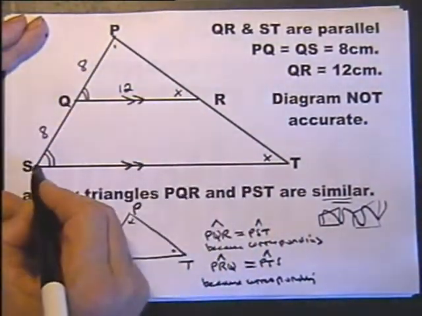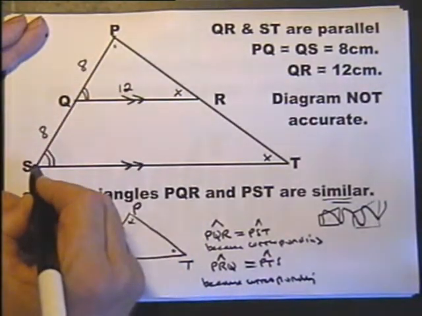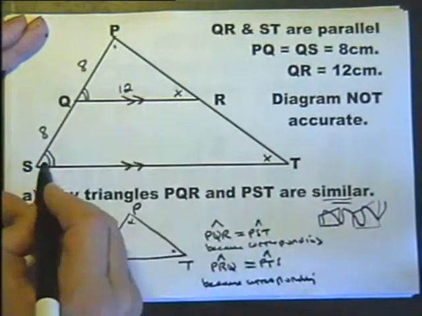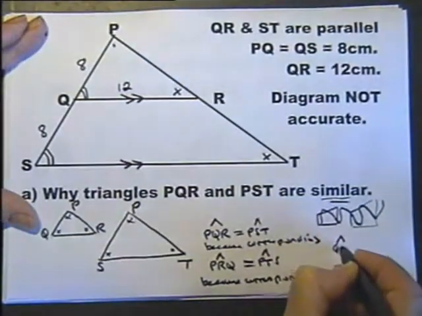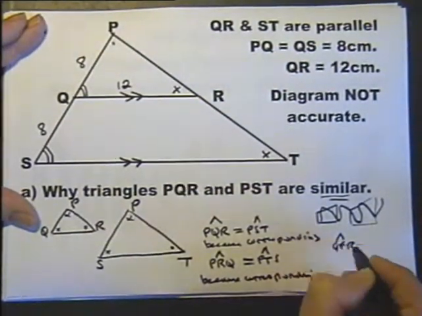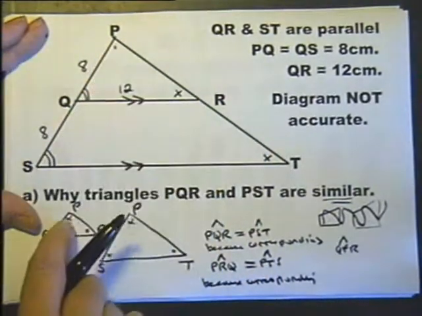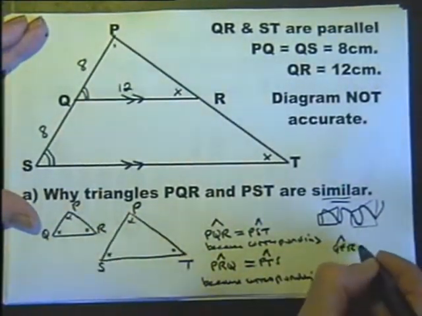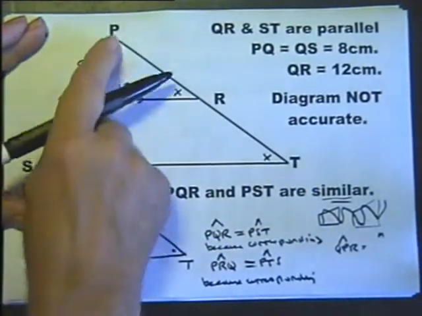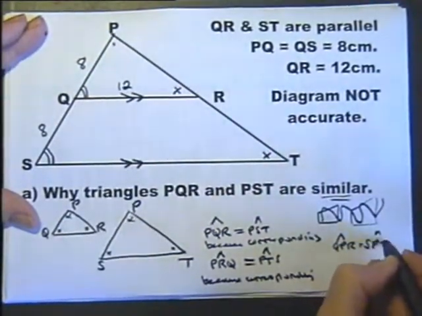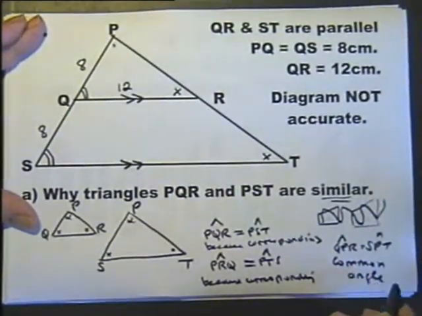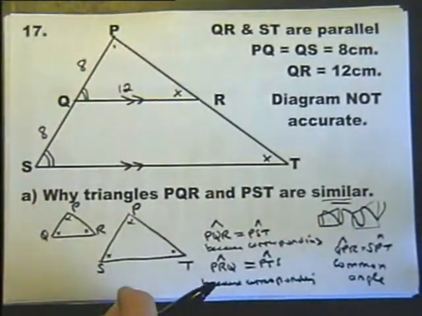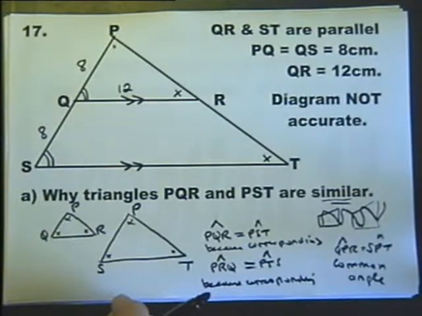Angle QPR is the same as angle SPT. It's called a common angle. As I said, you could do the third angle by a statement that the angles of a triangle add up to 180 degrees, so the third angle must be the same.